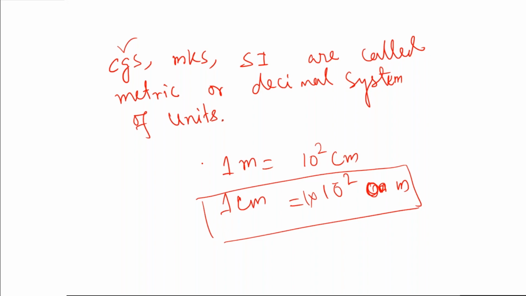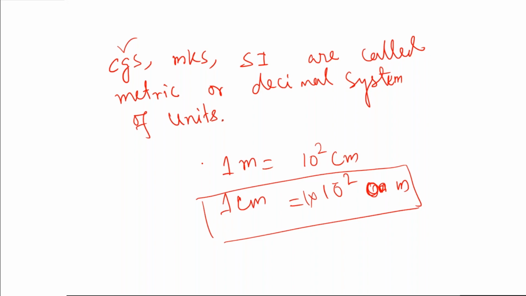Now see, this mole you might know from chemistry, Kelvin also you might know, but there are definitions. Like how much is called 1 meter? There are specific definitions. If you look in your book, you will see there is a specific definition for meter, for kilogram and other things.